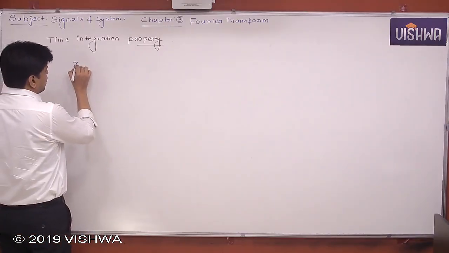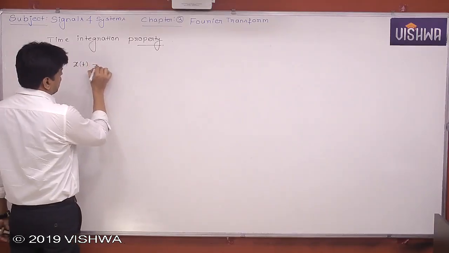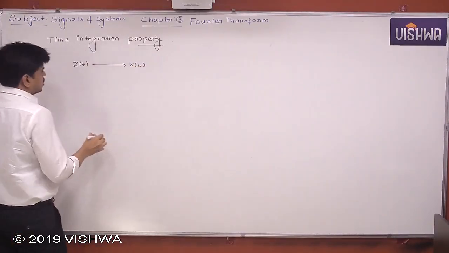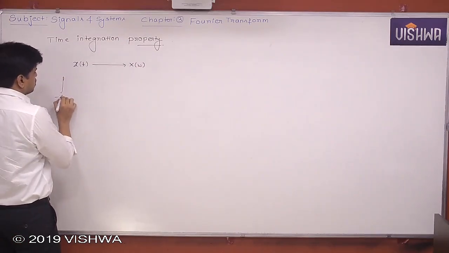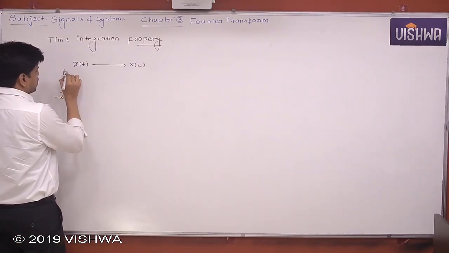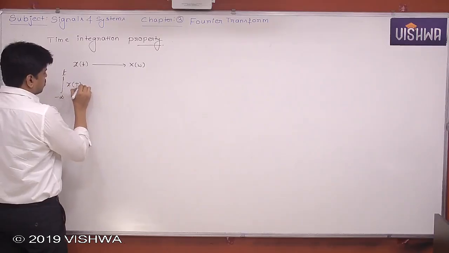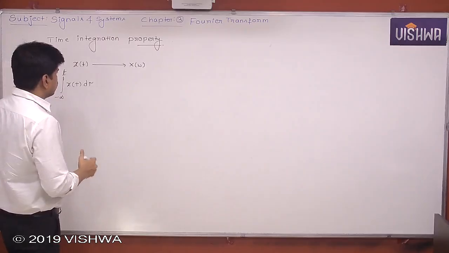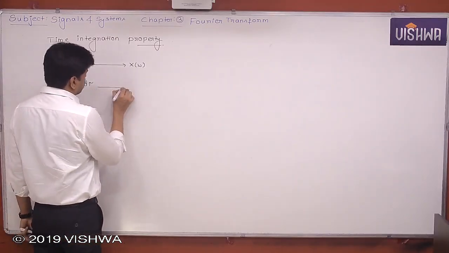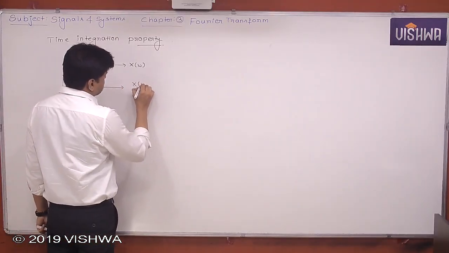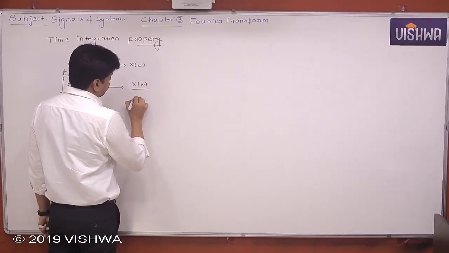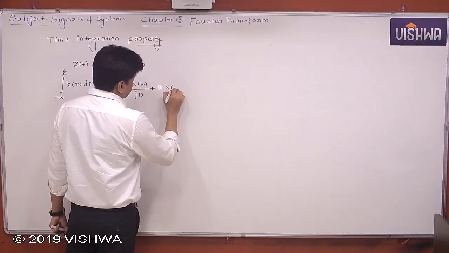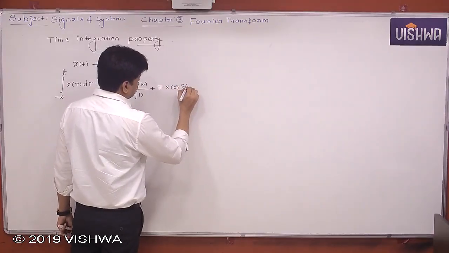If a signal x of t has Fourier transform X of omega, then the integral from minus infinity to t of x of tau d tau is called a running integral. For this running integral, what is the Fourier transform? X of omega by j omega plus pi X of 0 delta omega.